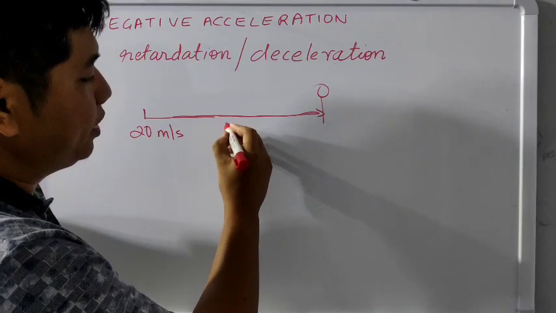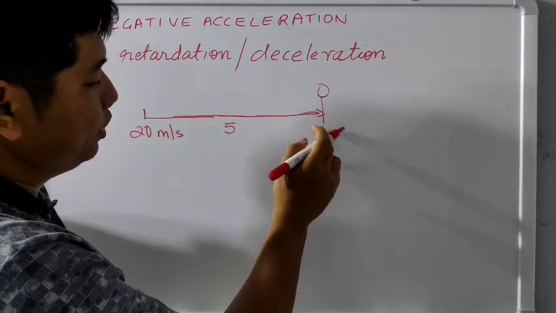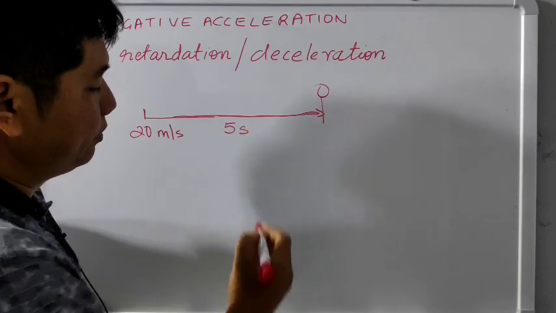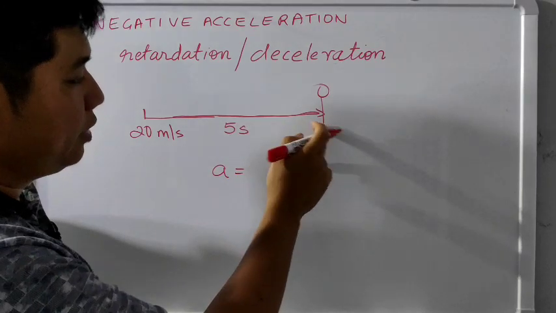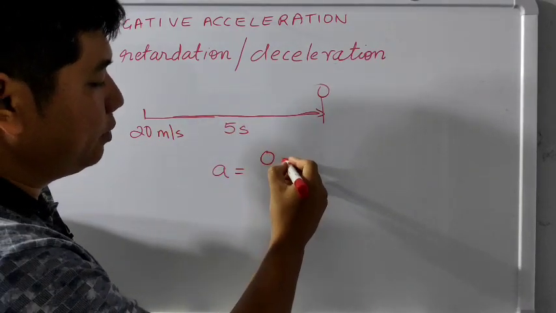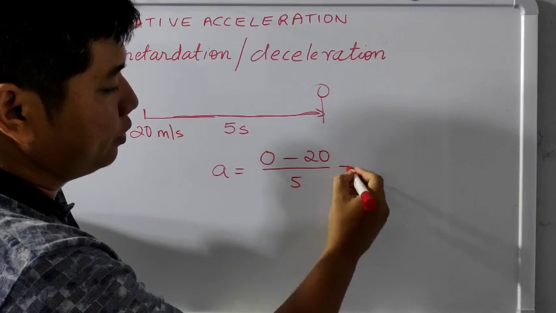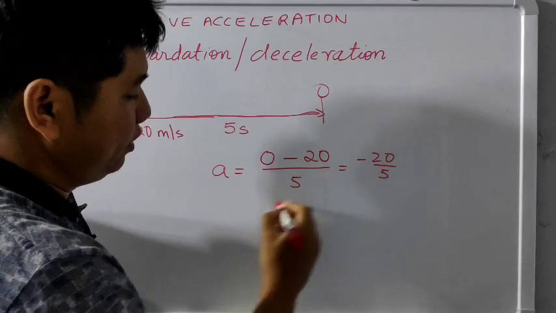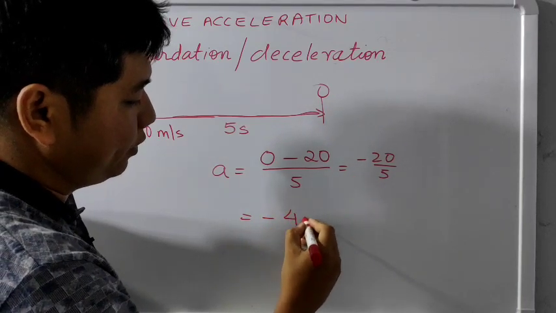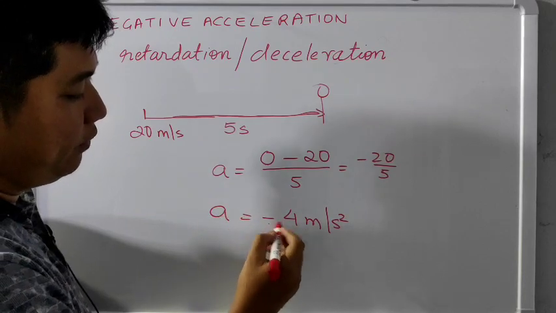Let the time taken from 20 meters per second to 0 be 5 seconds. What will be the acceleration? Final velocity minus initial velocity: 0 minus 20 by 5 seconds, which is minus 4 meters per second square. Here we have a negative acceleration.